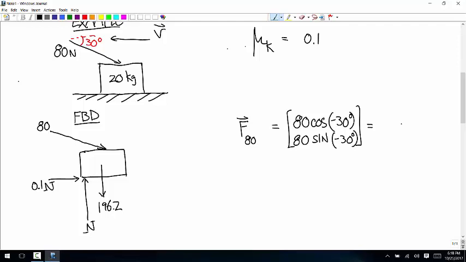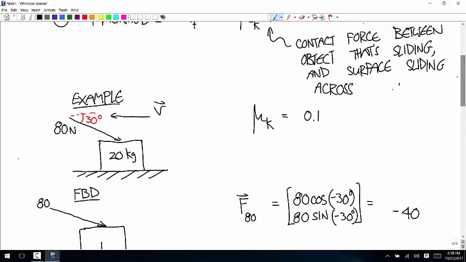This one is negative 40. Can someone calculate 80 times cosine of negative 30? Yeah, so whenever I don't draw an axis, we'll just assume that it's the usual one.